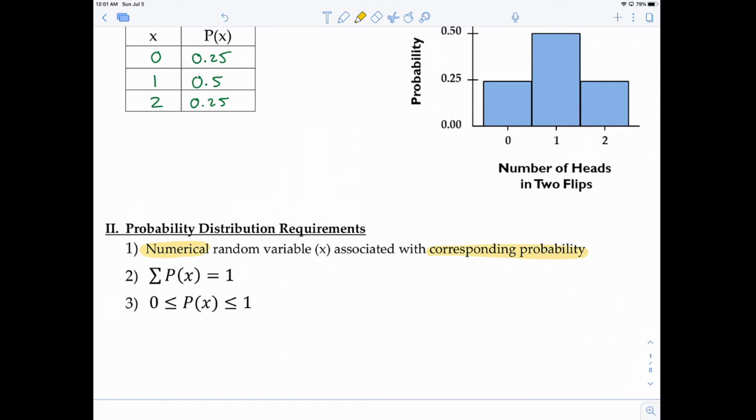The second requirement is that the sum of the p of x's, using the sum notation, the sum of the probabilities, is equal to 1. The third requirement is that the p of x's, the probabilities, have to be true probabilities. In other words, they have to be between 0 and 1 inclusive, meaning they could be 0 or 1. You have to meet those 3 requirements to be a probability distribution.